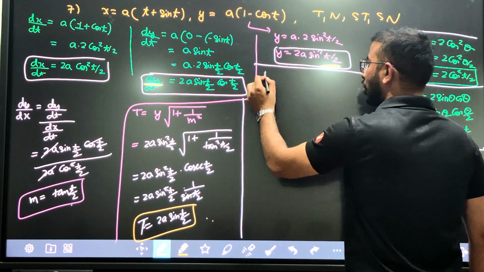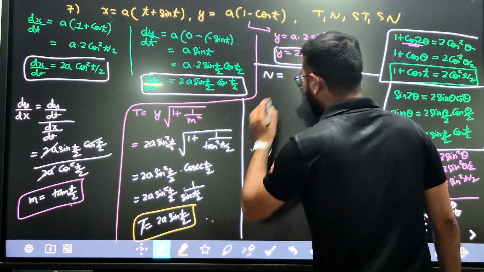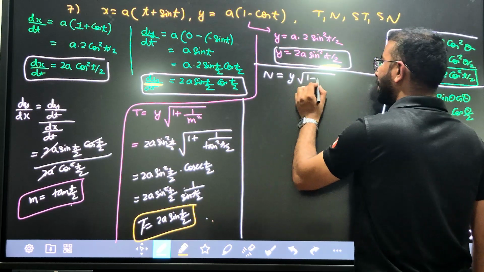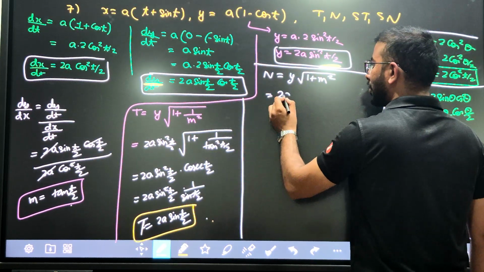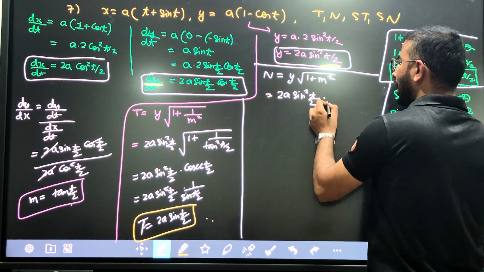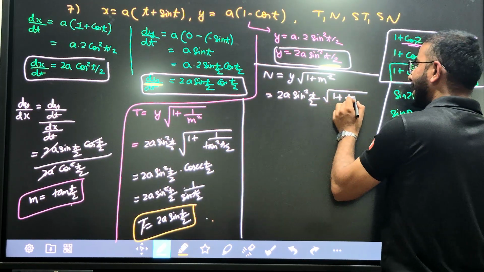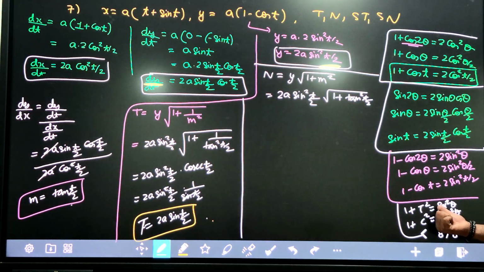Let's calculate normal. What is normal? This is y under root 1 plus m square. What is y? This you calculated, no? 2a sin square t by 2 under root 1 plus tan square t by 2. 1 plus tan square theta is secant square theta.